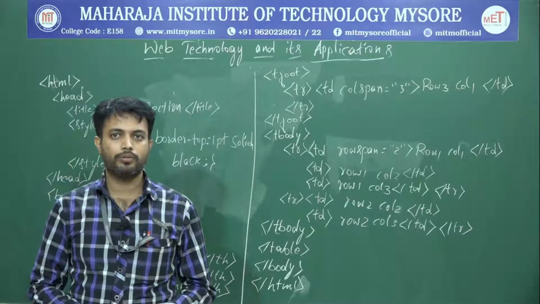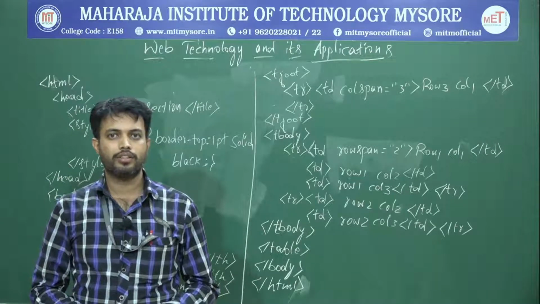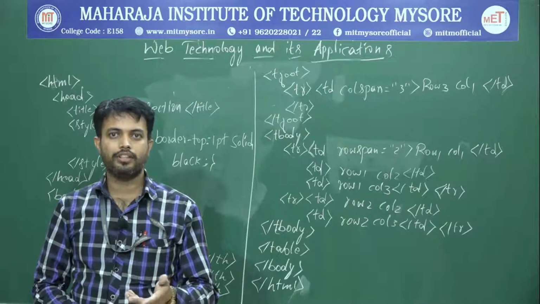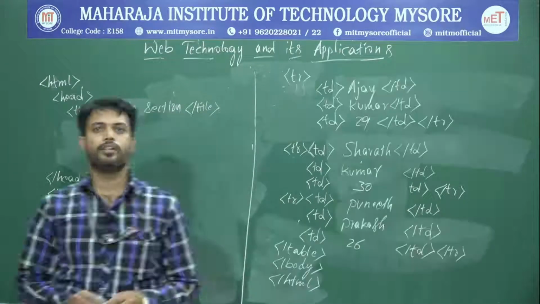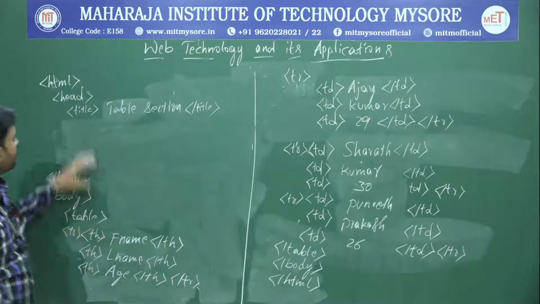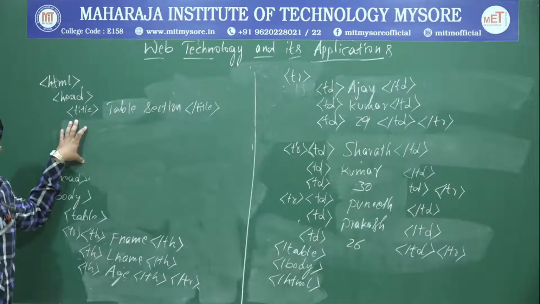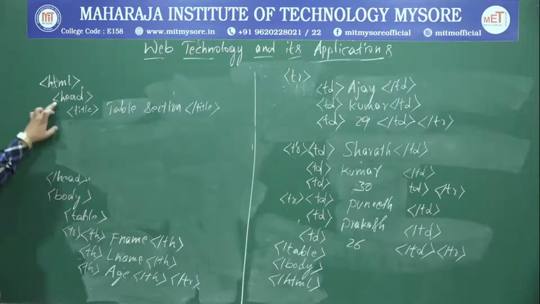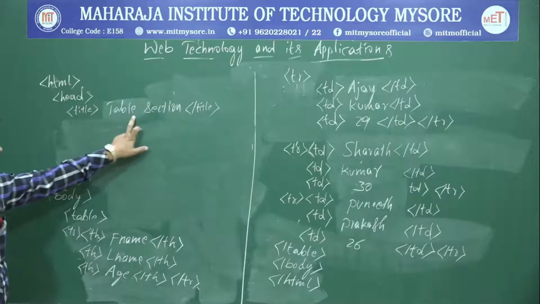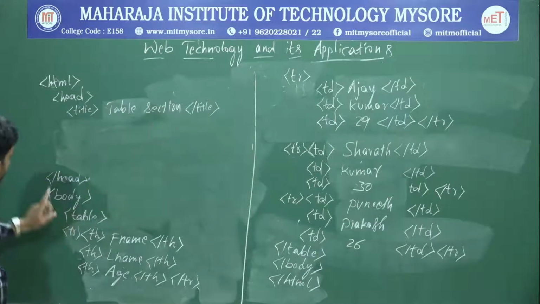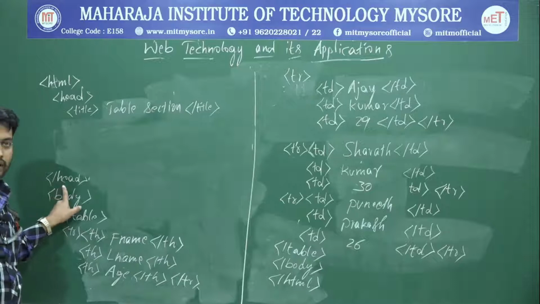Let's move on to a few more examples of styling tables. Let us consider this example. Intentionally I have left this space. Open head, I am using the title tag, then closing head tag.